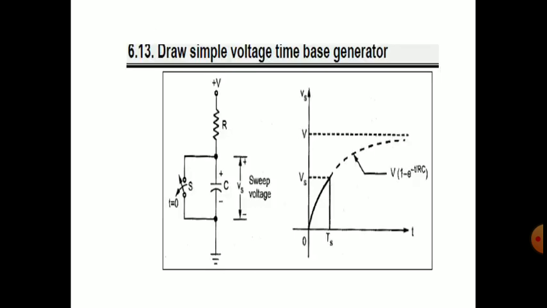You may ask, there will be a drop across the resistor, so how will it reach the supply voltage?